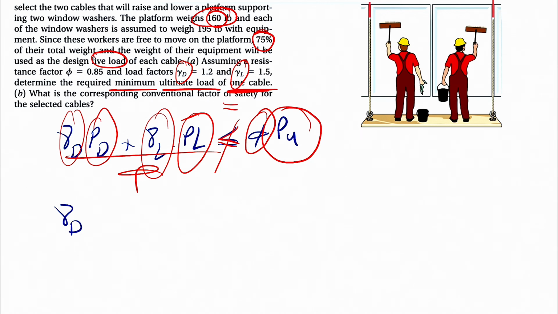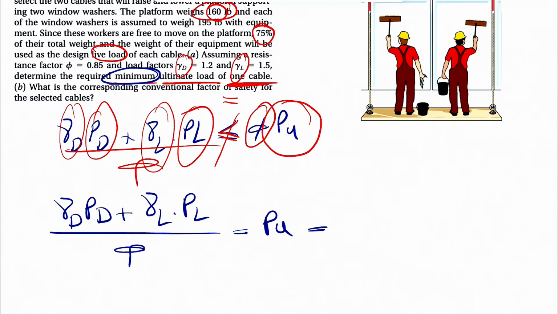We're going to have gamma d PD plus gamma L times PL equal to phi times PU. Because of that minimum, we're going to go with the equal sign here. And for the rest, we just plug our givens into this equation. Actually, I'm going to bring the phi to the other side, so we're going to divide by phi. Let's start with gamma d.